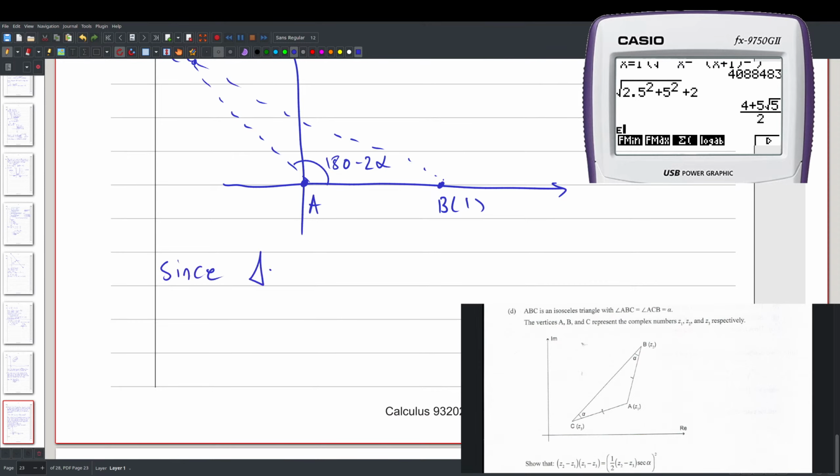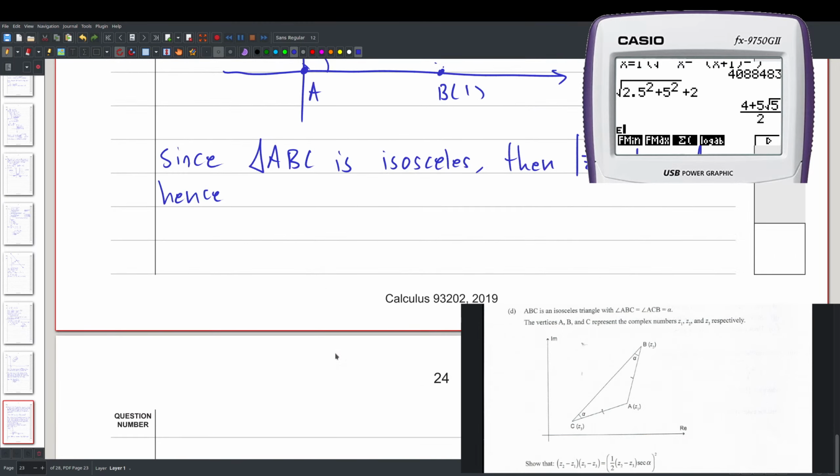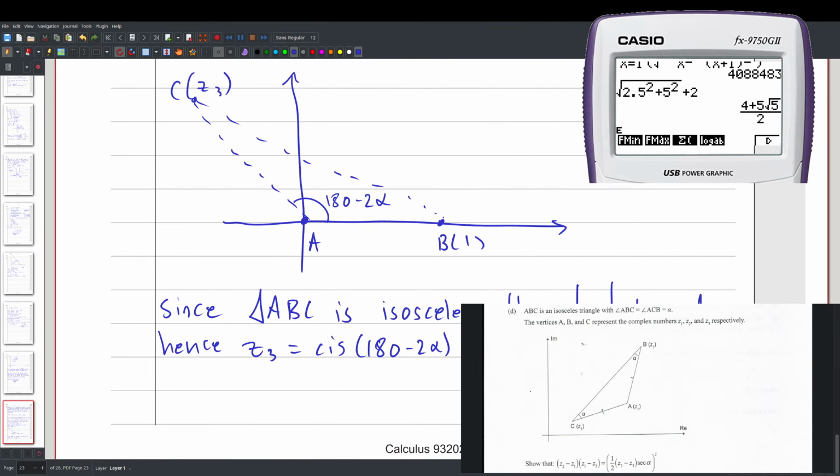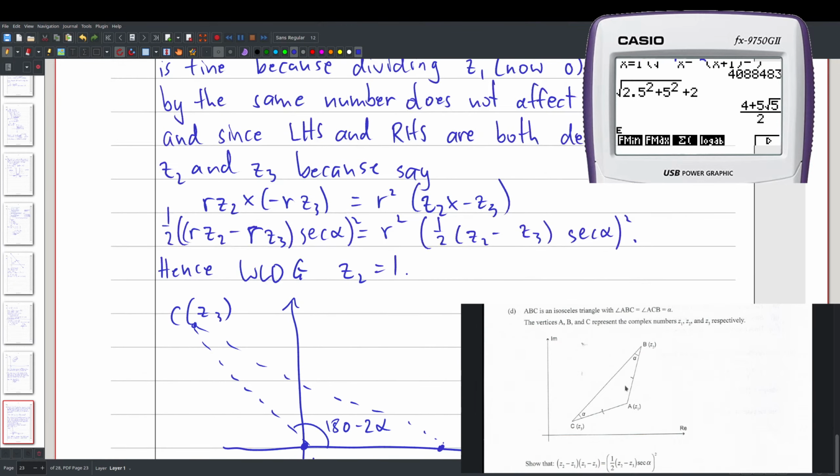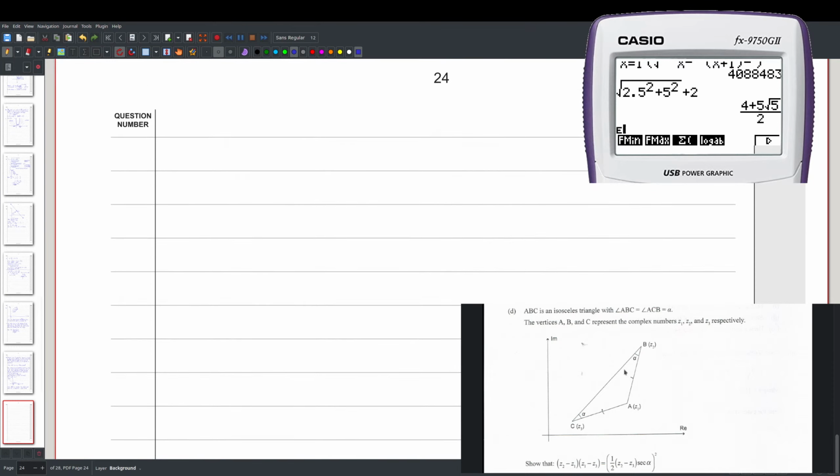Since triangle ABC is isosceles, Z3 equals 1, and hence Z3 equals this 180 minus 2 alpha, which is negative cos 2 alpha plus I sine 2 alpha. Now we just plug it in and it should work.